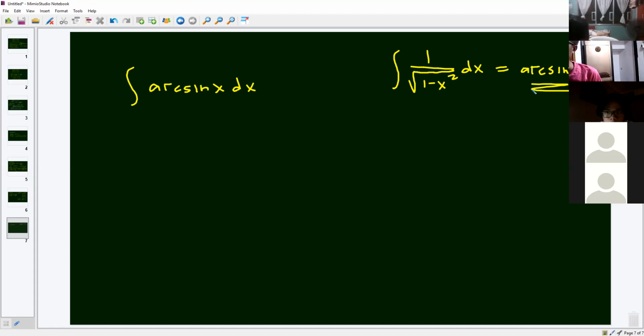But what if kung yan ang gusto kong integrate? So meaning, what is the double integral? Ano, let's have that later. What is the integral of arc sine x? Yan na muna, integral of arc sine x dx.